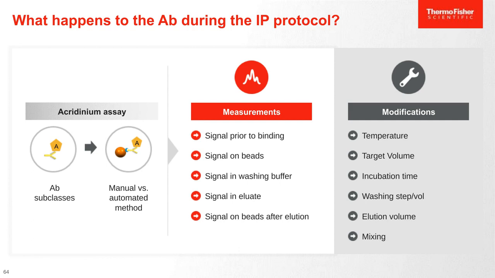Because if we do lose them throughout the protocol, then we will also lose the target. And in order to optimize and fine-tune this script, we took a look at different parameters in this workflow just to see which of them were critical and which were not critical.